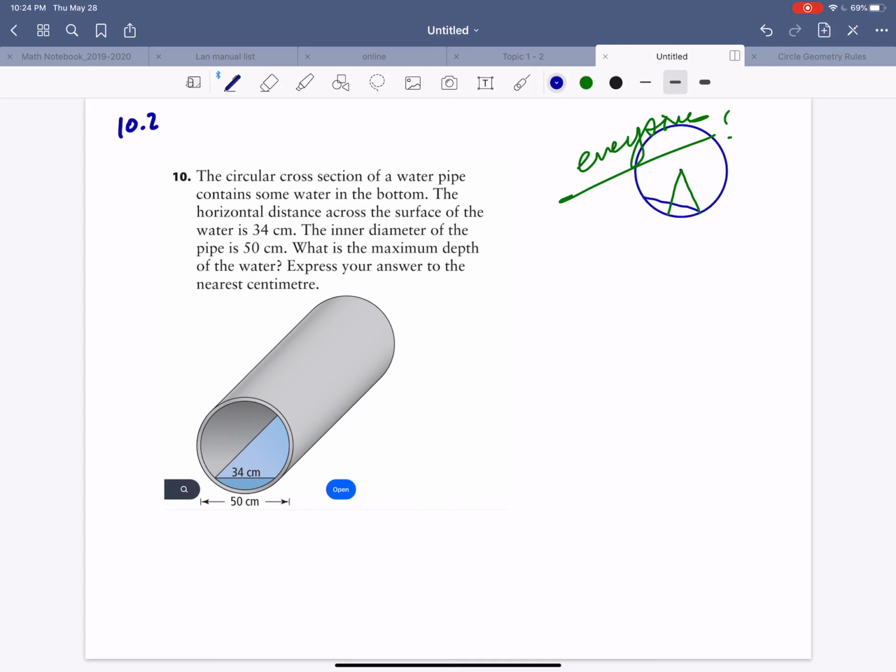Okay, so the water here is basically a tube, a tube with water inside, and the water has a length of 34, and the diameter of the tube is 50. Okay, so this is a 3D drawing, so I want to change it to 2D, so I want to just draw a cross section here.